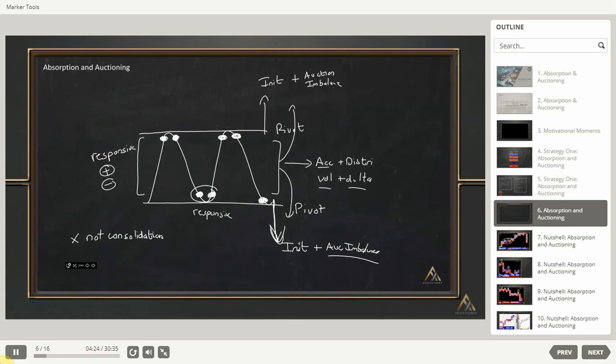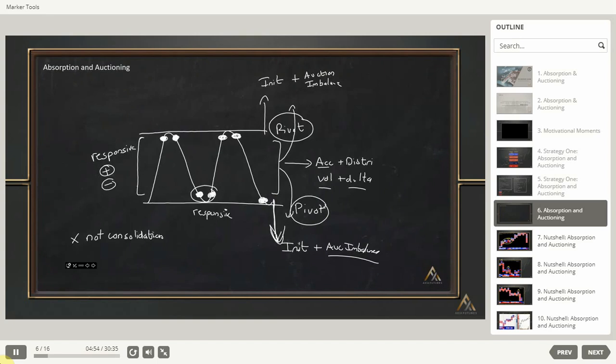Now note obviously you will see much lower relative volume within the zone compared to the break, and that's simply because of the initiative being taken, as well as, again, I don't want to really use the word support and resistance, but you can think of these pivots in terms of the lower pivot being some sort of initial support, whereas the higher pivot is some sort of initial resistance.